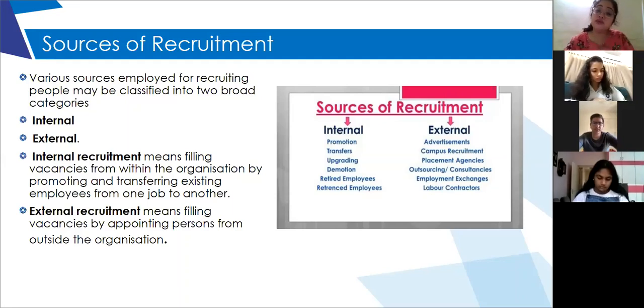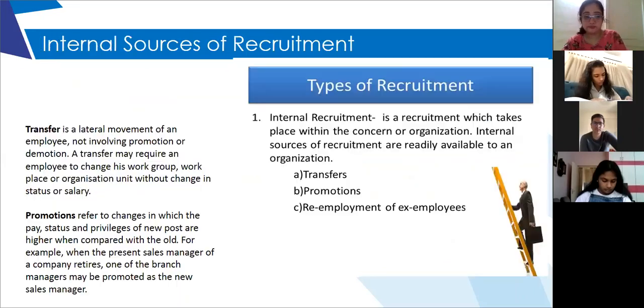So this way, I'm recruiting someone from within the organization for that job, right? That becomes internal recruitment through a method of promotion. External recruitment means filling vacancies by appointing people from outside the organization. You're not appointing people from within, but from outside the organization.